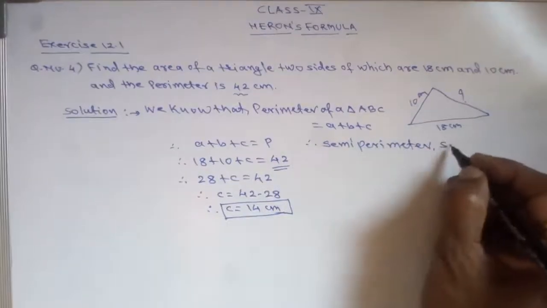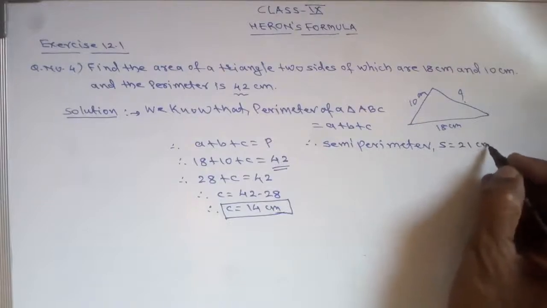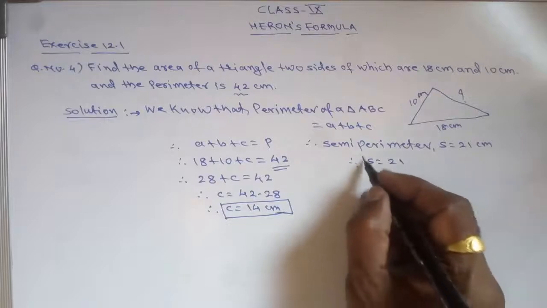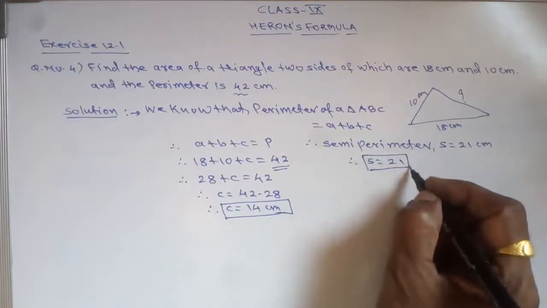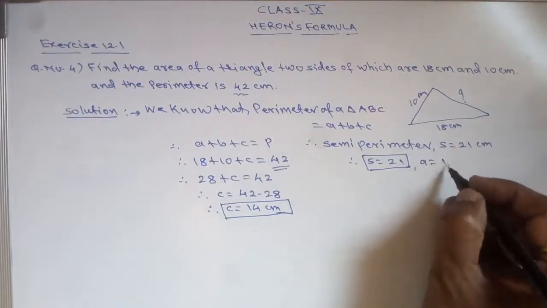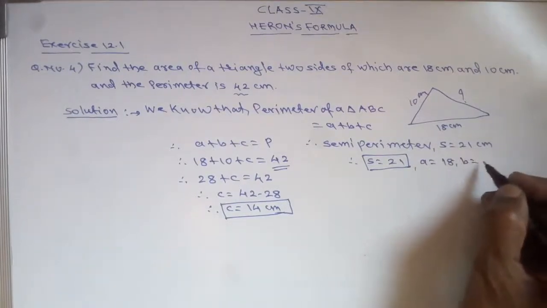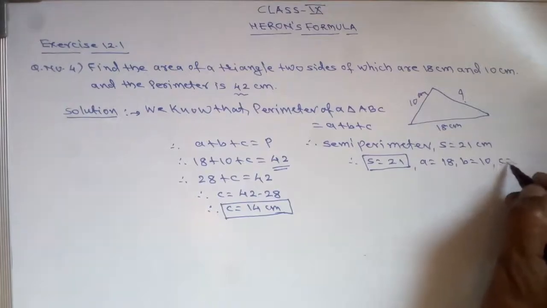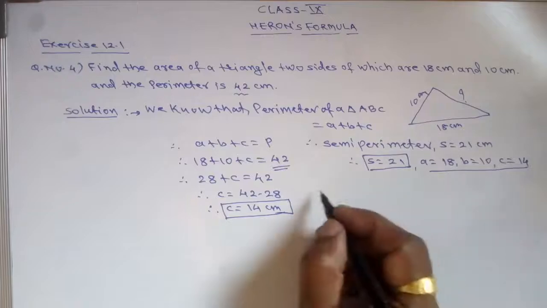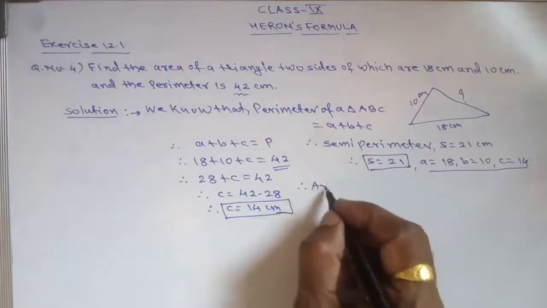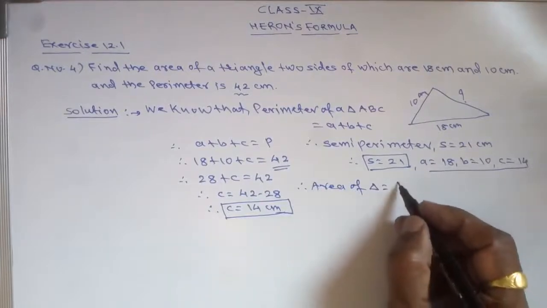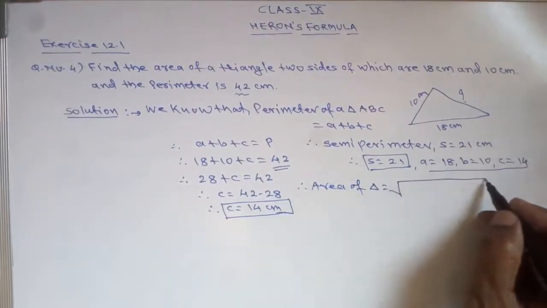that is S equals 21 centimeter. Okay, so S is given. A equals 18, B equals 10, and C equals 14. So all the sides are known to you. Therefore, area of triangle equals, now apply Heron's formula.